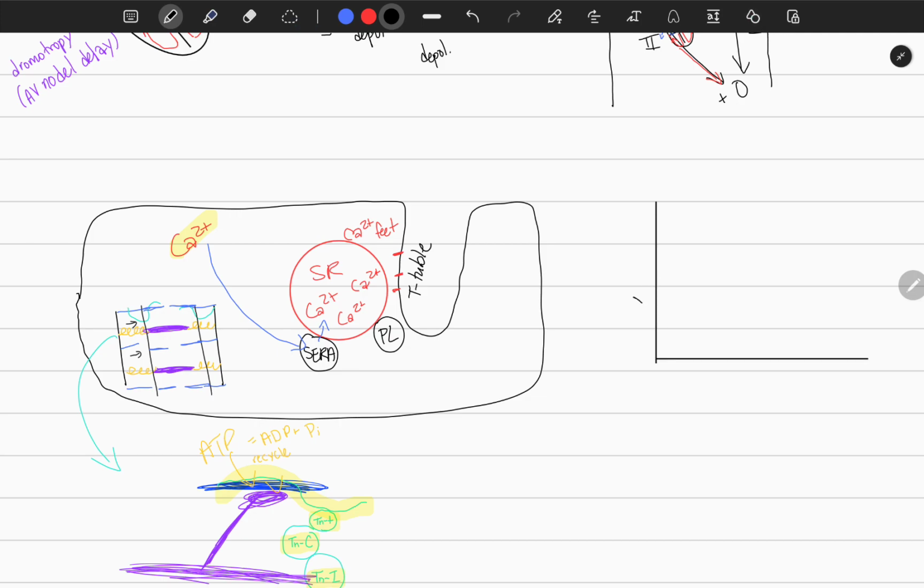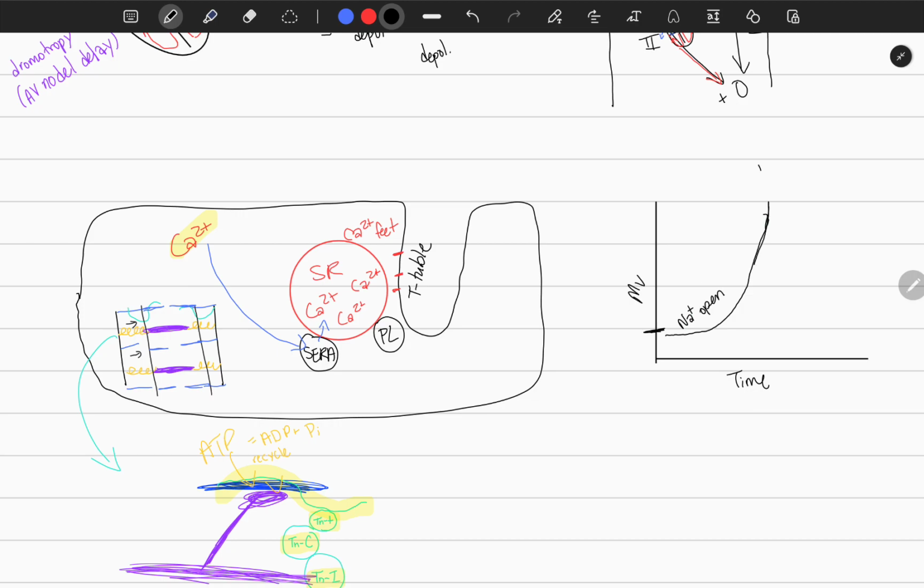So again, we have mV and time. This graph is going to have a resting membrane potential, but once it's met, sodium channels are going to open.